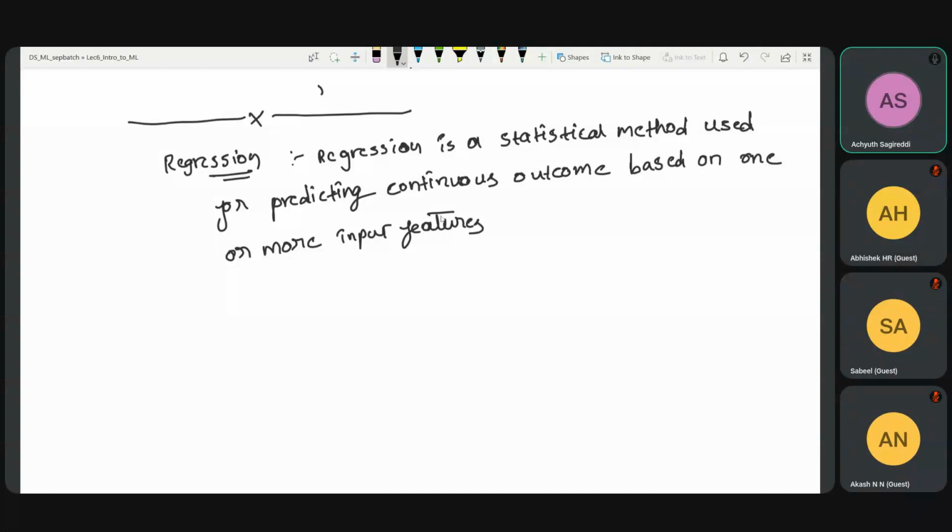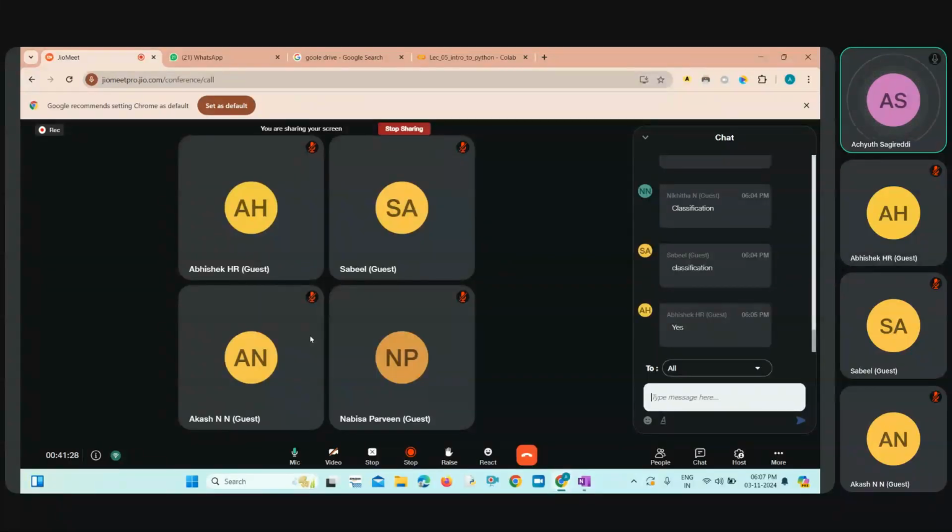So what is the purpose of regression? I mean, what is the use of regression actually? Tell me some real world examples for regression.